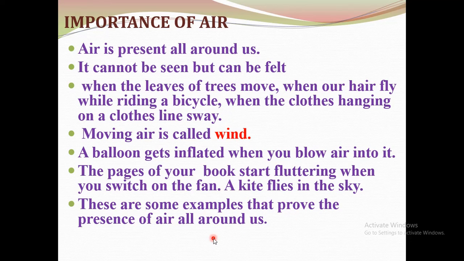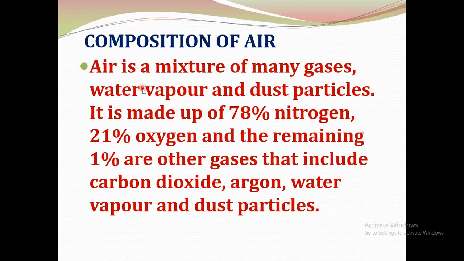Okay children, now let's learn about the composition of air. Air is a mixture of many gases, water vapor and dust particles. It is made up of 78% nitrogen, 21% oxygen, and the remaining 1% is other gases such as carbon dioxide, argon, water vapor and dust particles.